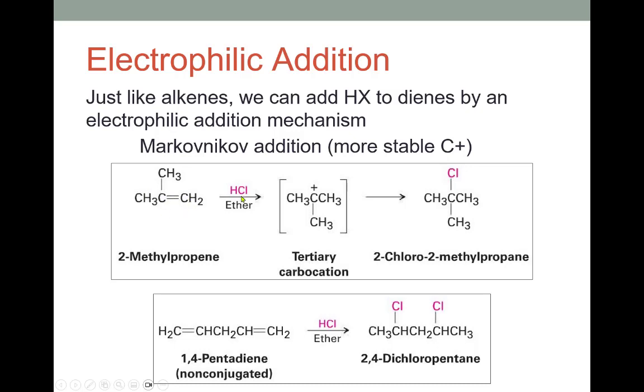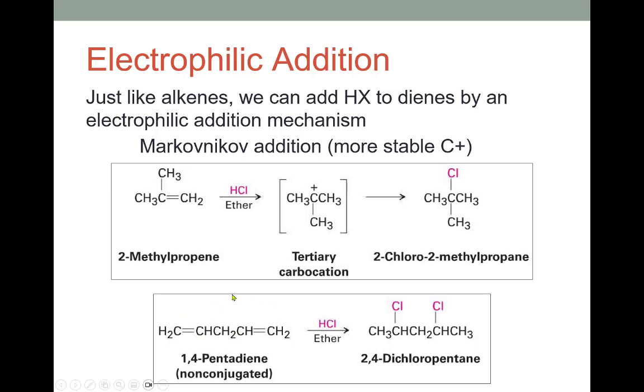If we treat that with HX, we know we go through a carbocation intermediate and we end up with Markovnikov addition of X, so chlorine here, to our molecule. So we've added HX across what used to be the double bond. That same thing happens if we talk about a non-conjugated diene or triene or whatever it might be, where we have isolated double bonds.